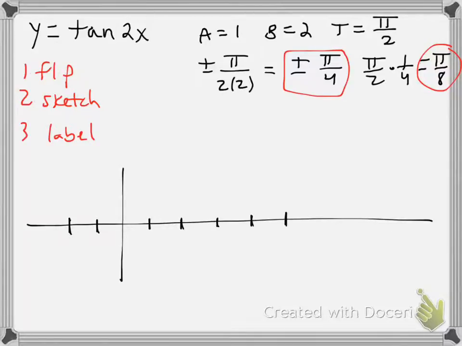I don't know how many I'll need, so I'll just keep going. Every 4 marks, there's going to be an asymptote. 1, 2, 3, 4. So there'll be an asymptote here. Oh, I ran out of space. There'll be an asymptote somewhere over there.